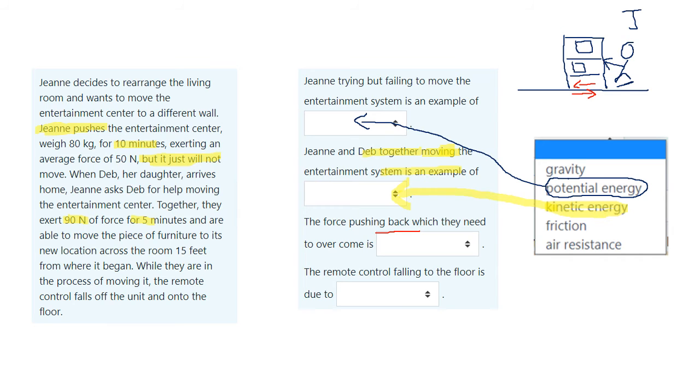An equal and opposite force is always the force of friction. It's not the air resistance in the air, it's the friction on the floor. So the third one is friction. And then finally, the remote control drops off the unit and onto the floor. Why does it drop onto the floor? Well, it drops on the floor because of gravity.